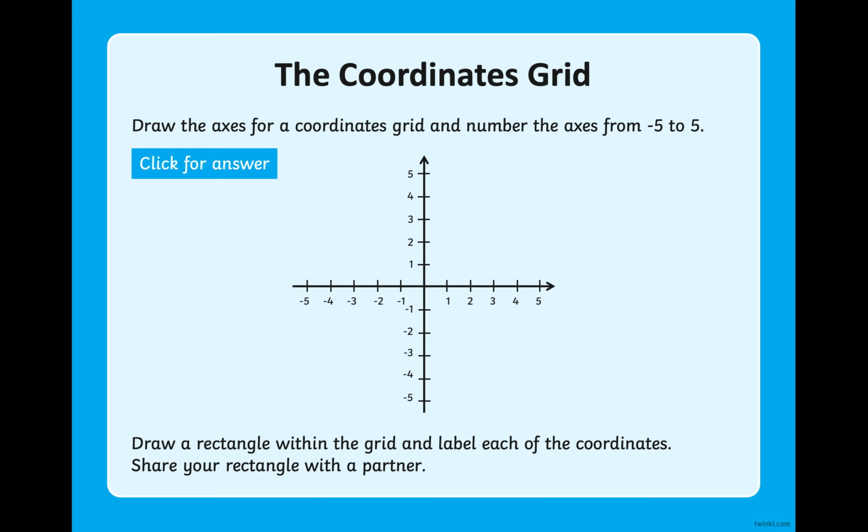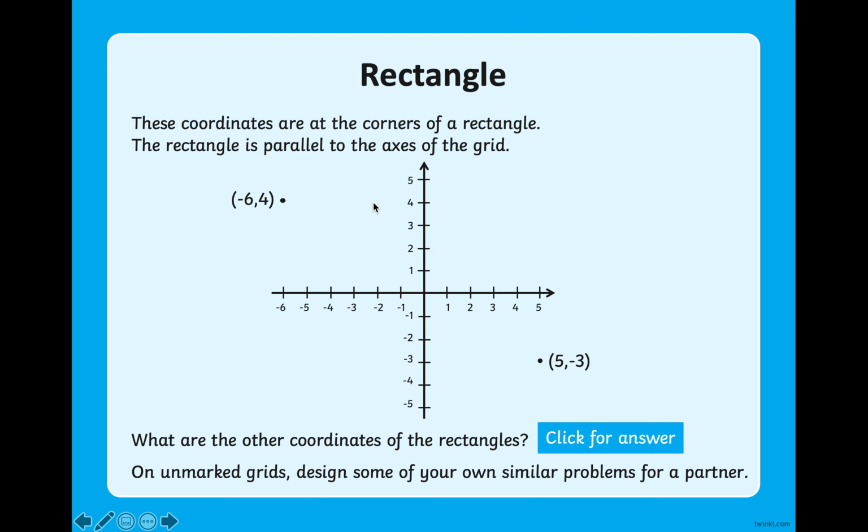Now, my first 2 points would be, one of them on the second quadrant, and the other on the fourth. As you can see, I have minus x here, and I have minus y here because they're in 2 different quadrants. Now, what are the coordinates of the rectangle?